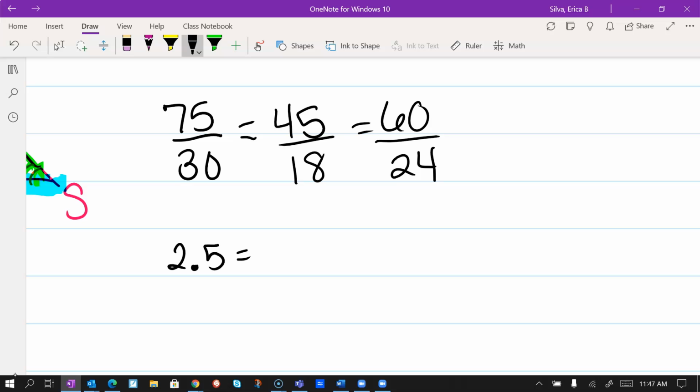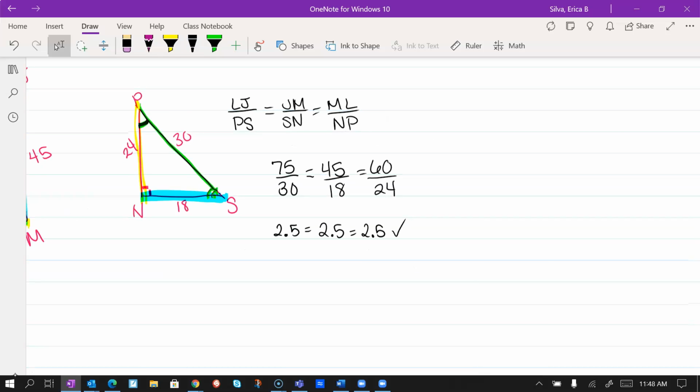That gives 2.5. How about 60 over 24? 2.5. Are they all equal? Yes. So because they're all equal, our sides are proportional.